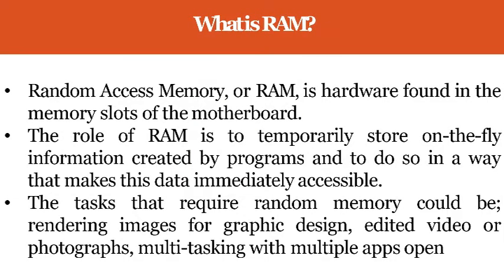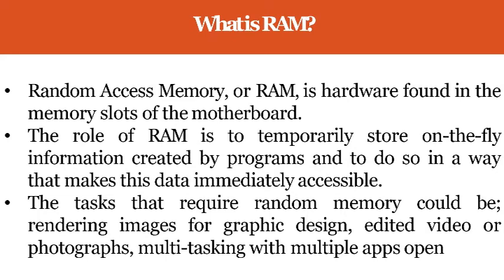Okay, let's proceed with the RAM or the random access memory. So a RAM is hardware found in the memory slot of the motherboard. So it's still a component of the motherboard. The role of RAM is to temporarily store on-the-fly information created by programs and to do so in a way that makes this data immediately accessible.